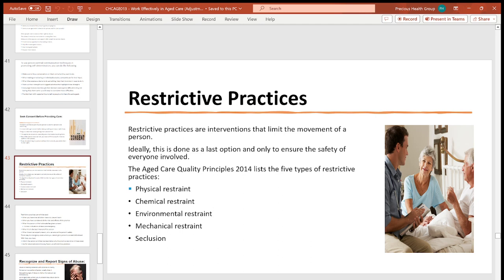Other than using the chemical restraint, there is what we call the environmental restraint. That same person that you try to give medication to, you can take into the garden, where they can feel a little bit calm from the overwhelm that they were witnessing in the previous environment.